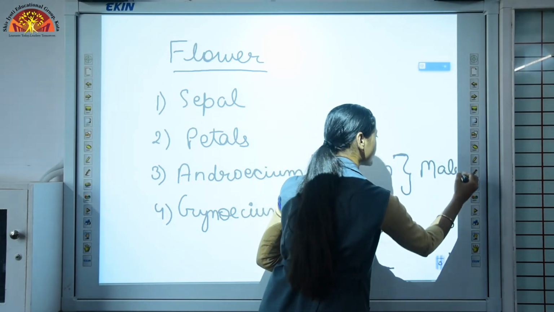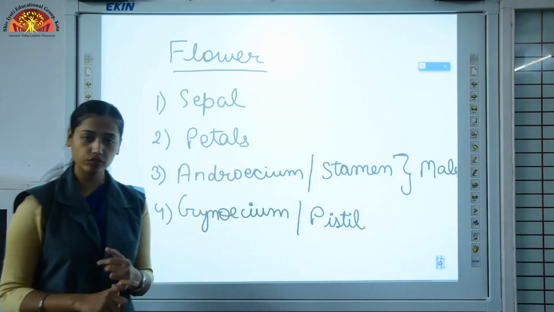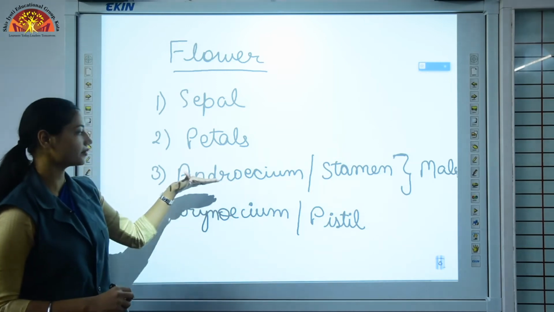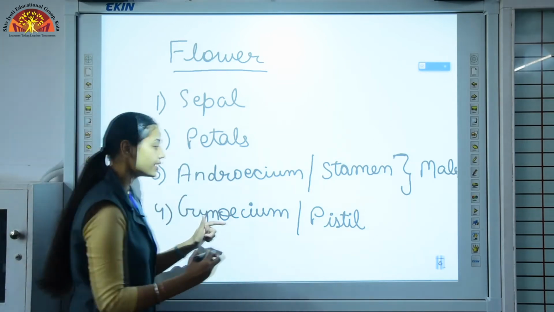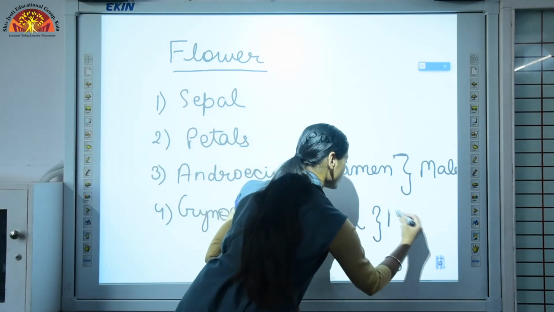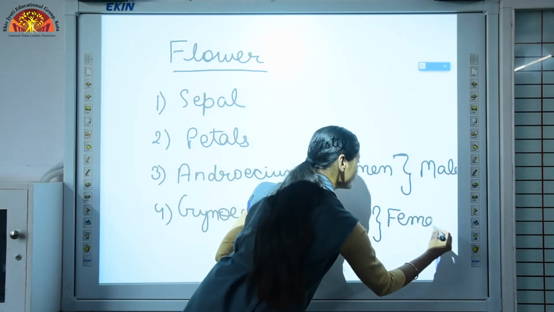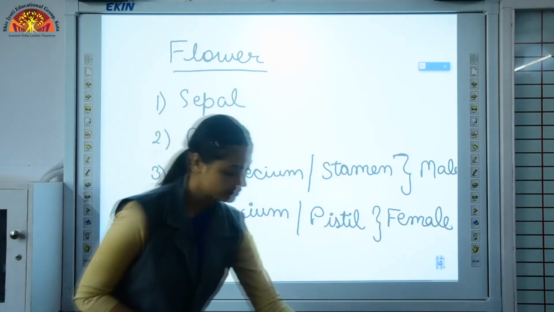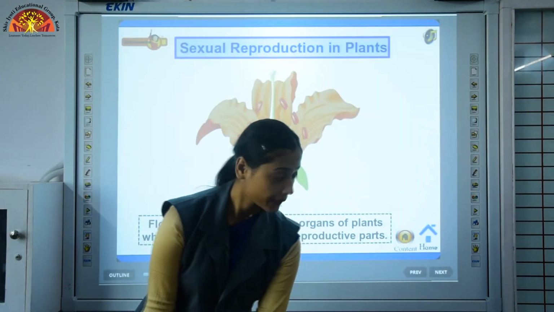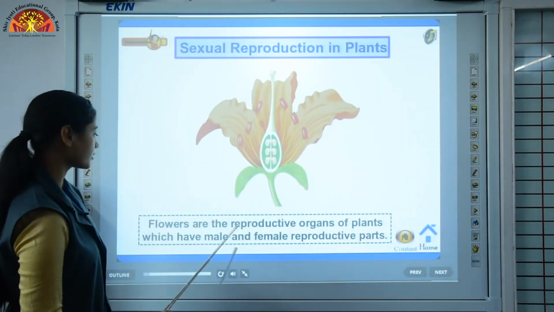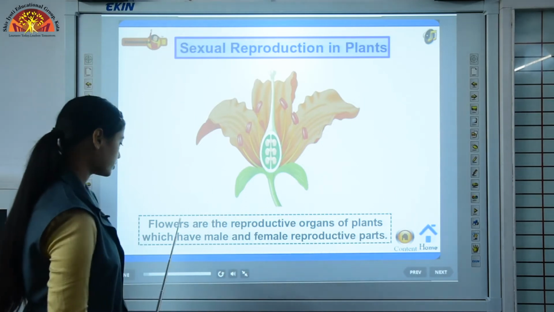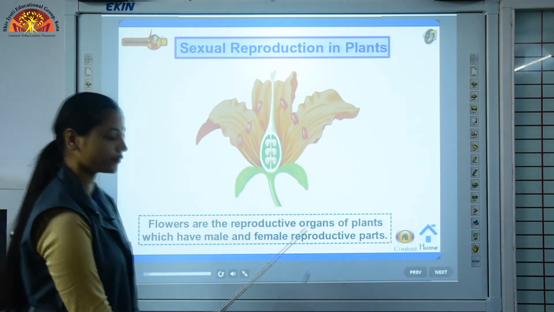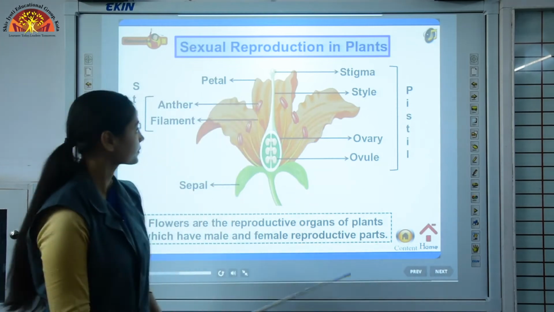In sexual reproduction, 2 parents are involved, so androecium is the male reproductive part, and gynoecium is the female reproductive part. Understood? 4 parts of a flower. Flowers are the reproductive organs of a plant which have male and female reproductive parts.